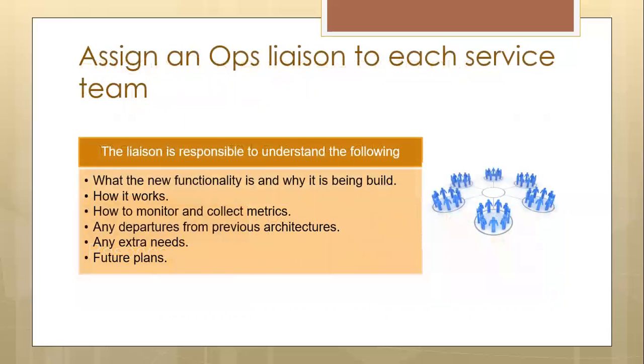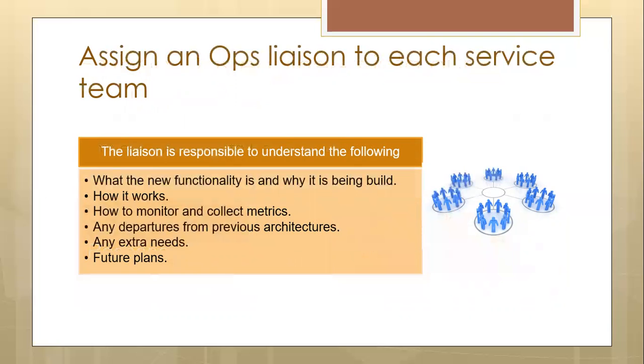Third, we can assign an operation liaison to each service team. When we have constraints because of budget or because of the number of teams that we have working, we can assign a liaison that can actually help us to get a better coverage for all the service teams.